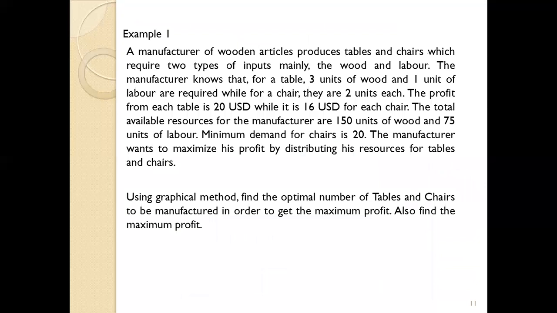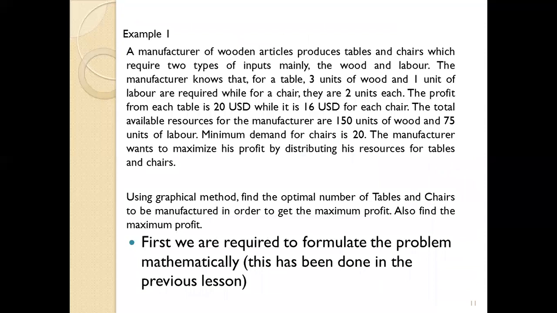Let us take another example. Before using the graphical method, we have to formulate this problem mathematically and write a linear programming problem. We did this example in the last lesson, and therefore I am giving the formulation now. If we take x1 and x2 as the numbers of tables and chairs to be manufactured respectively, the linear programming problem related to this question will be as shown here.